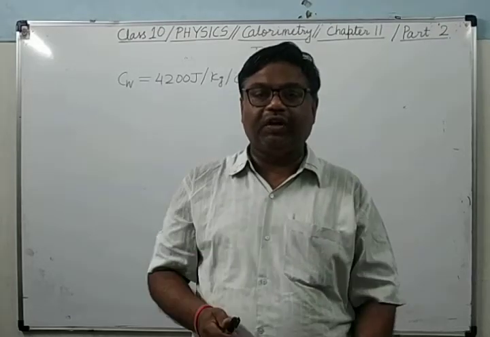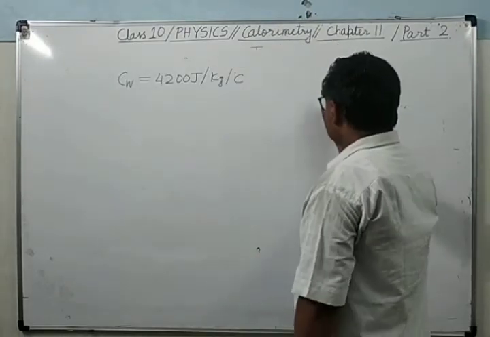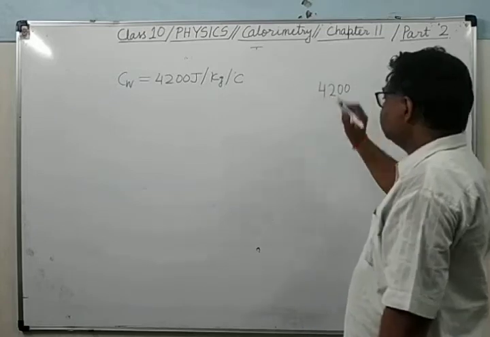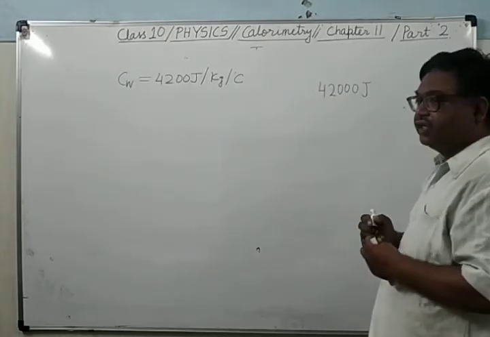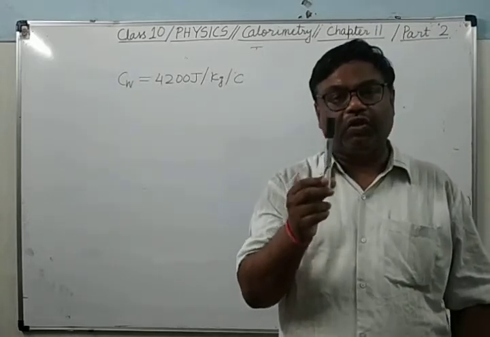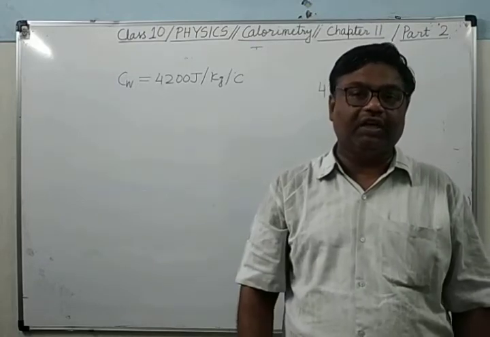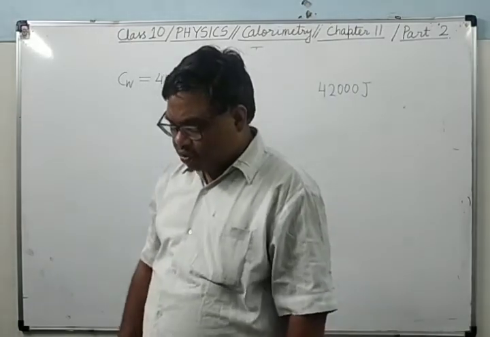Suppose you have filled 10 kg of water. 1 kg requires 4200 joule, so 10 kg requires 42,000 joule heat energy. When this water will absorb 42,000 joule heat energy, then temperature will rise by 1 degree Celsius. That's why we use water as the coolant.